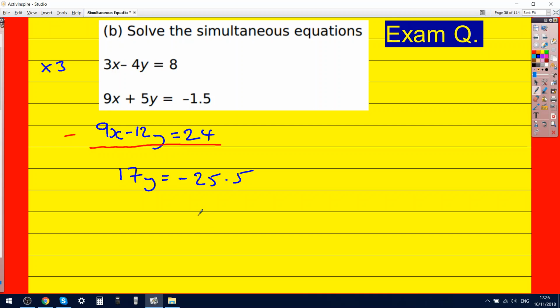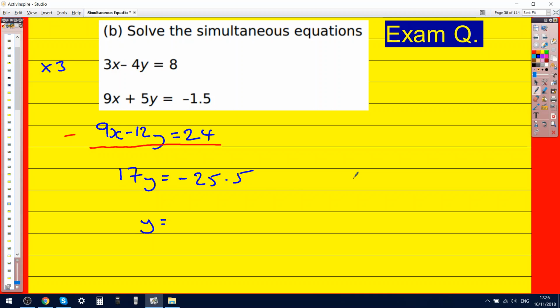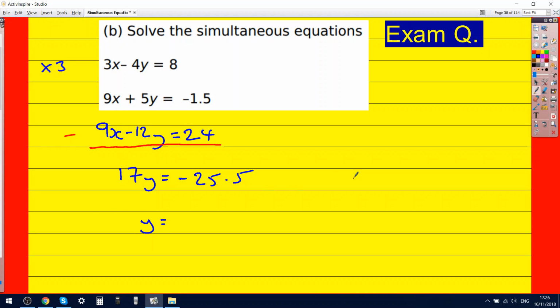So you're subtracting it. And so how do you get y? It's 25 minus 25.5 divided by 17, which is minus 1.5.